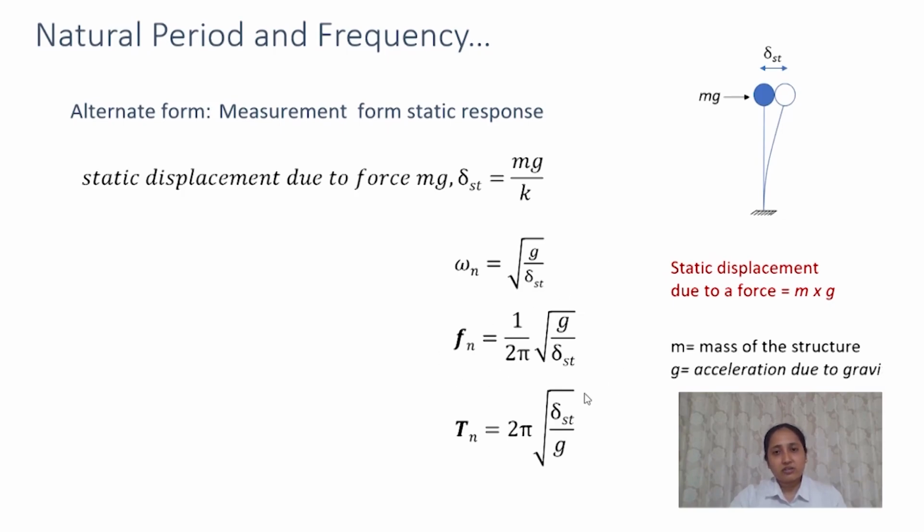So we can calculate the cyclic frequency using this formula, and natural period will be the reciprocal of this. So you can calculate the natural period also. So all these quantities can be calculated from static response itself.